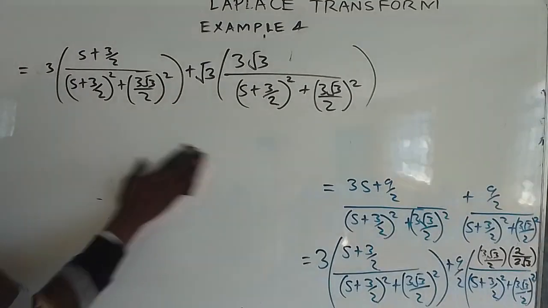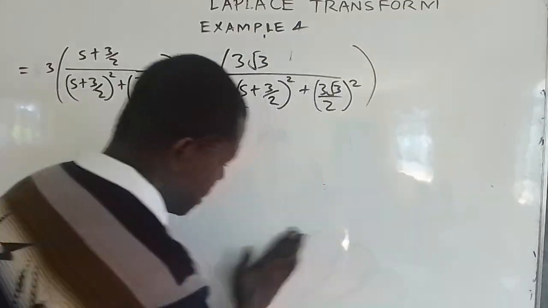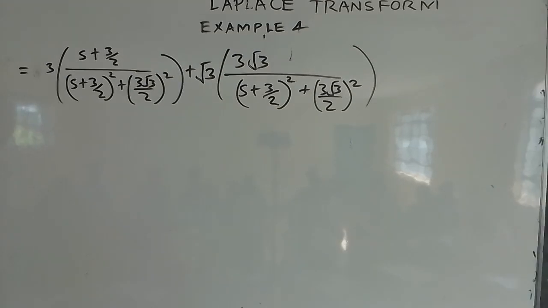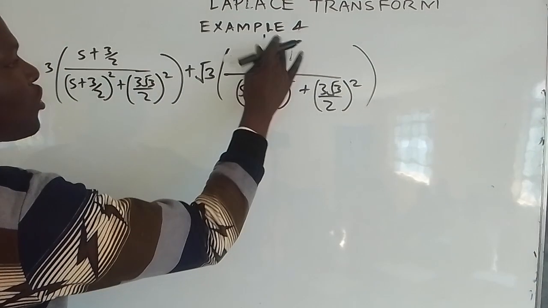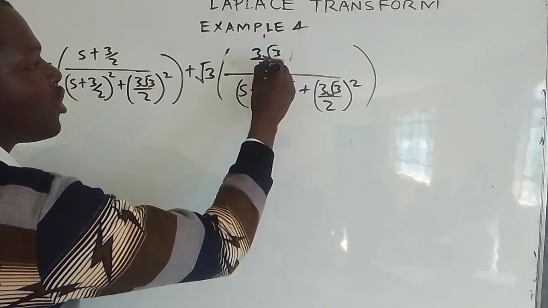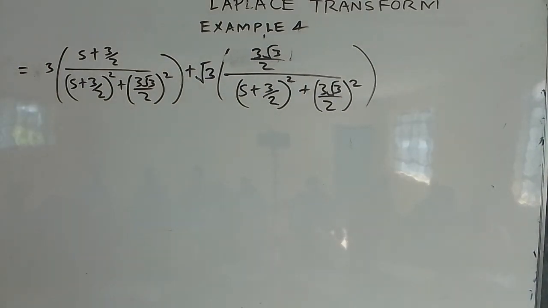Now look at this. Look at the whole of this. Oh, 3 root 3, or you left over 2. It was 3 root 3 over 2, it must be the same as what is here, isn't it? Are we together? So what is this?